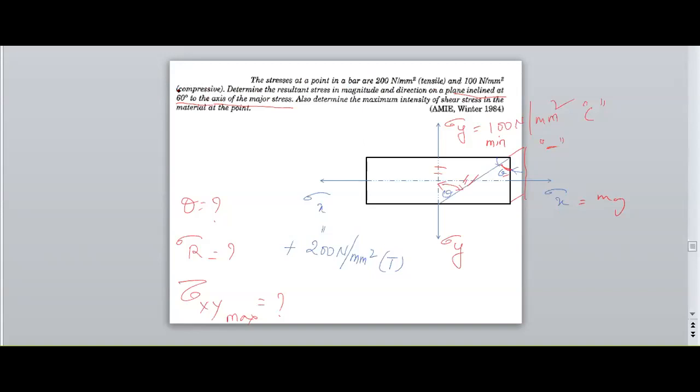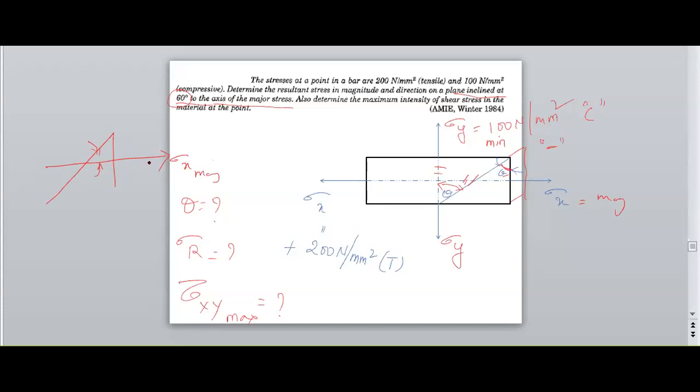So what is the theta he has given? Whether he has given theta or some other angle, we need to observe this. He is telling that an inclined plane is making an angle of 60 degrees with the major axis.